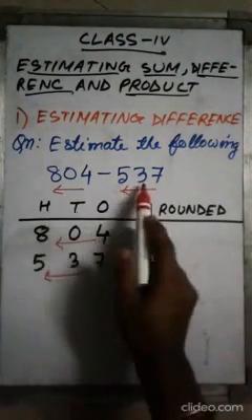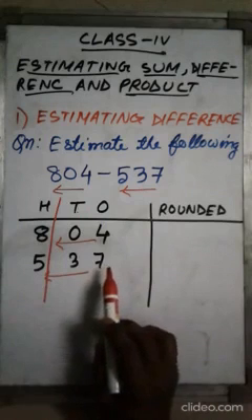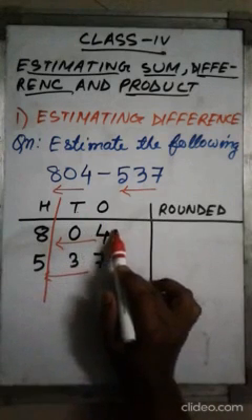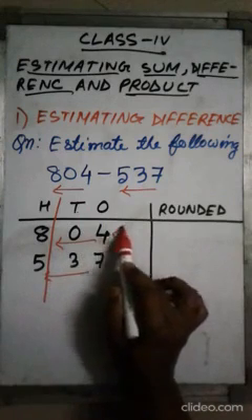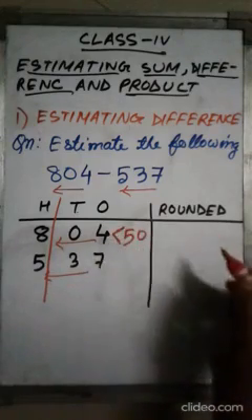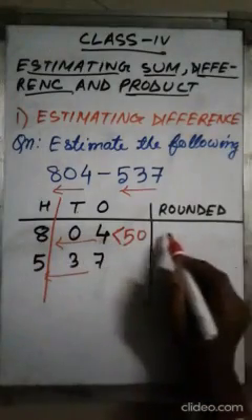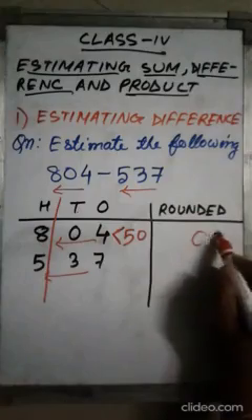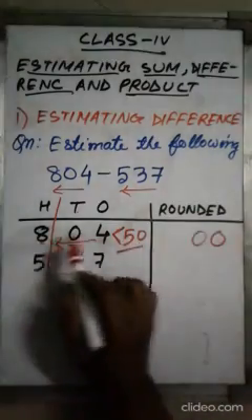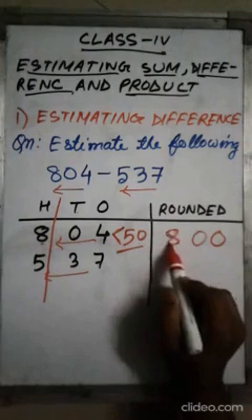As this is a 3-digit number, I can consider up to the hundreds place. You can see that 04 is less than 50. Therefore, for 0 and 4, I shall put 0 and 0. As it is less than 50, I shall keep the hundreds digit as it is.